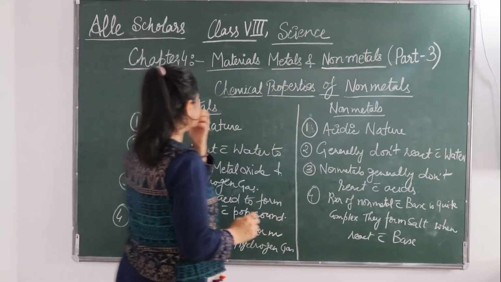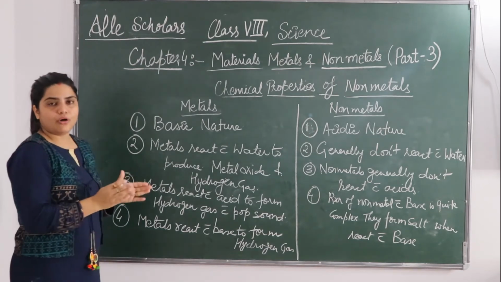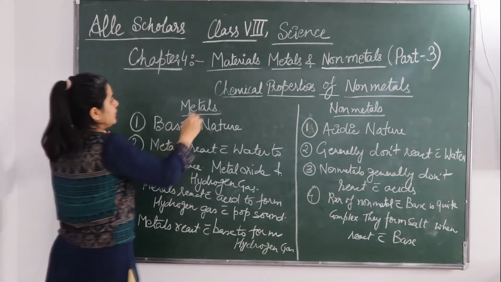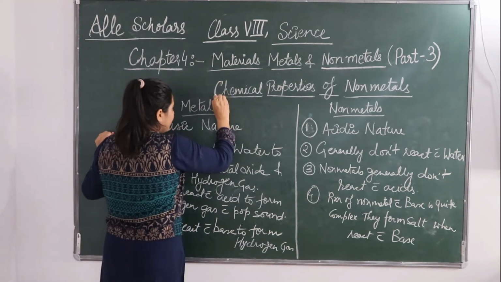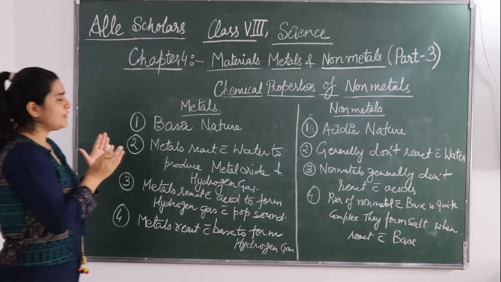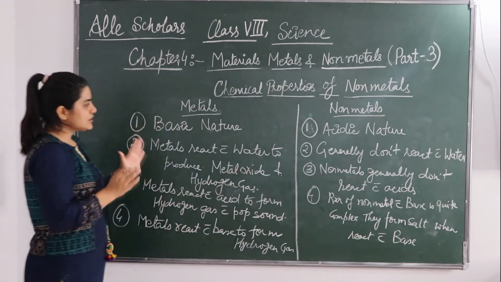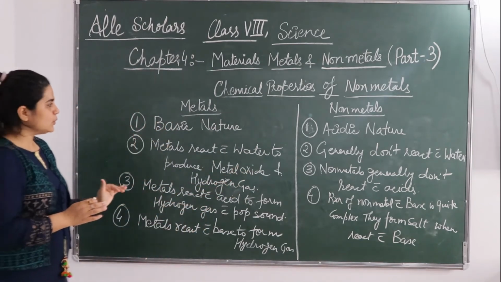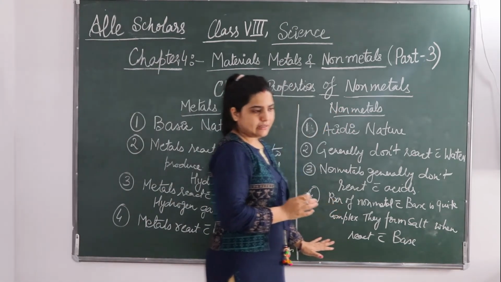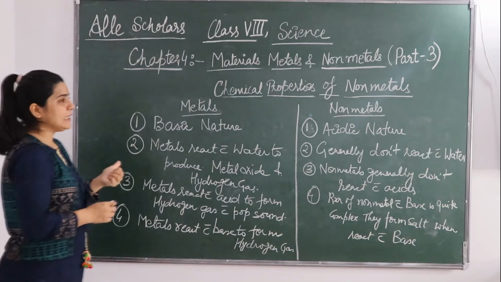We have already seen the difference between metals and non-metals on the basis of their physical properties. Now here you can see the difference on the basis of their chemical properties, or in fact on the basis of their reaction. If you compare, you will get to know that metals are more reactive than non-metals. We have seen lots of metals like potassium and sodium.